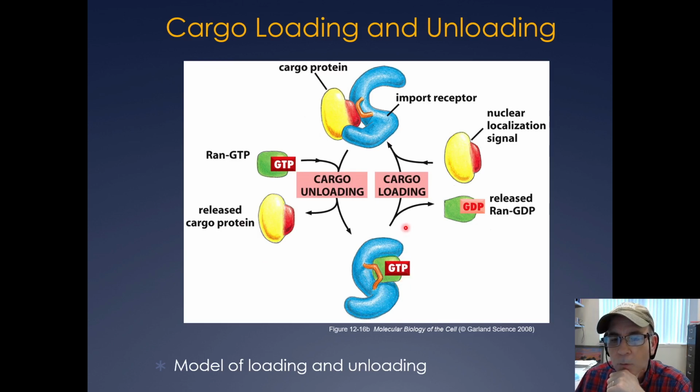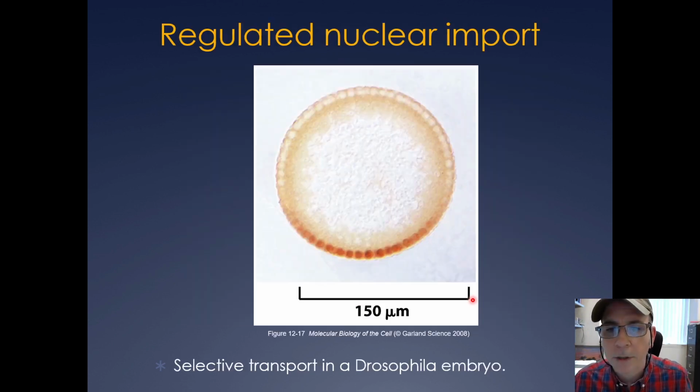And then once this gets to the cytosol, the RAN GTP will be hydrolyzed to RAN GDP, releasing it from the import receptor, and then a new cargo protein with a nuclear import signal can bind and be brought back into the cell. Okay, so this sounds all pretty basic and straightforward.